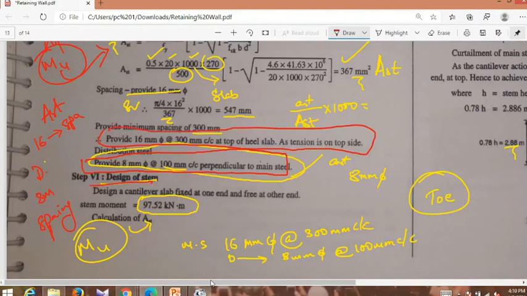Then design of stem. So we already determined the factored moment acting on the stem. With the help of this moment, I will determine the AST. With this AST, I will take the 16 mm dia bars. With 16 mm dia bars, I will determine the spacing.